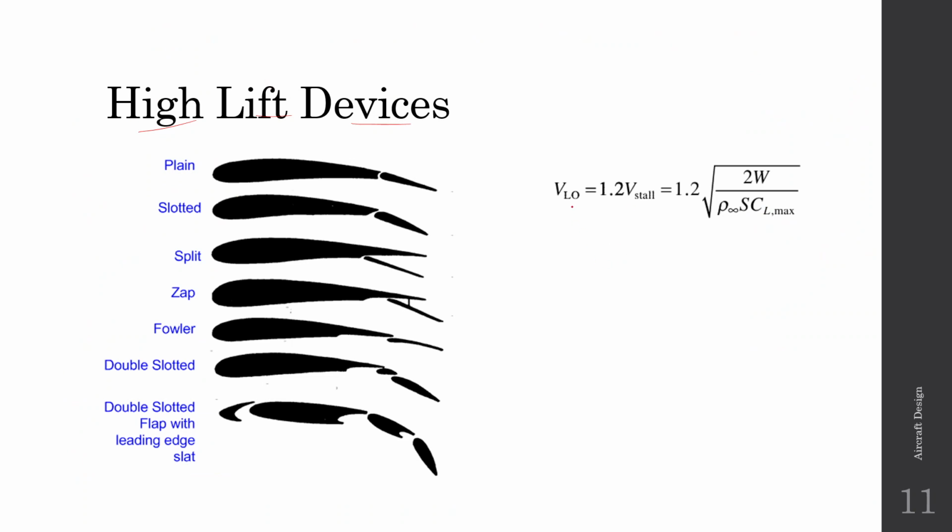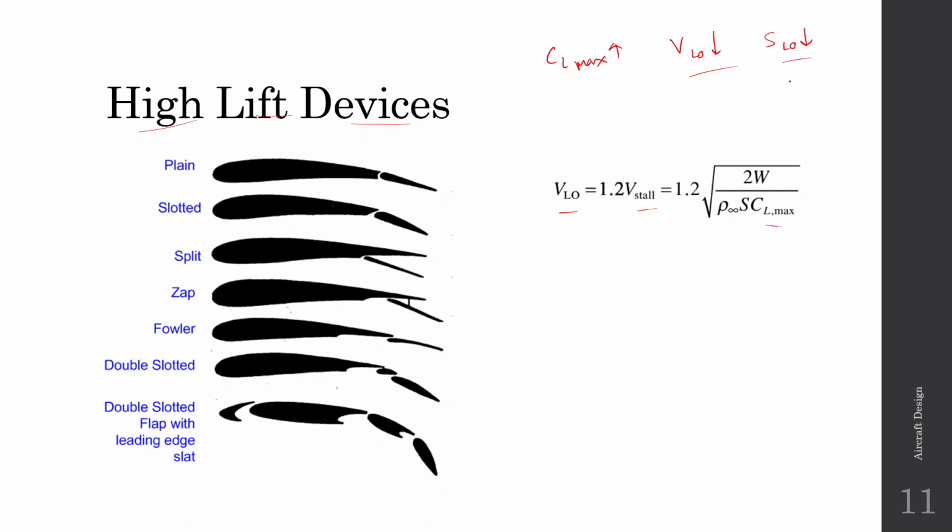Similarly, the takeoff velocity or the stall velocity are also inversely proportional to CL max. If you increase the CL max, then the takeoff velocity decreases and the takeoff distance also decreases.